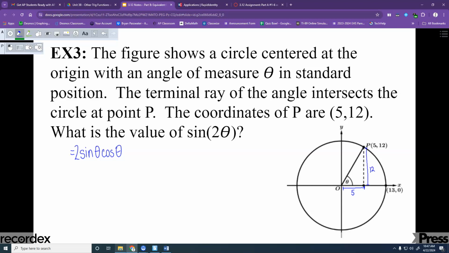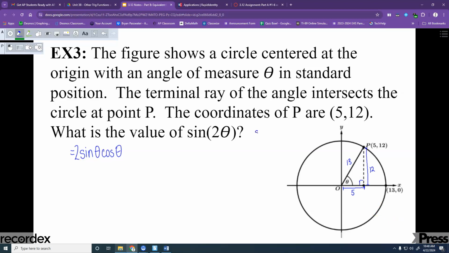And what is the radius of that? It's 13, because it should be the same. You could either do Pythagorean theorem, or it should be the same as this coordinate over here. So I can find sine, cosine, or tangent of this function because I know what the triangle looks like, right? This is what the triangle looks like.